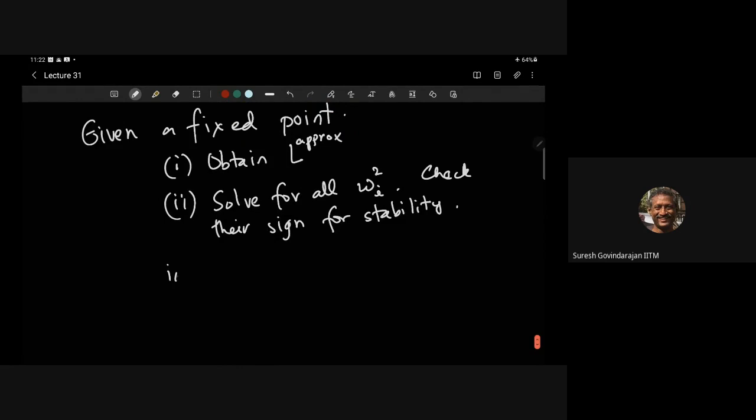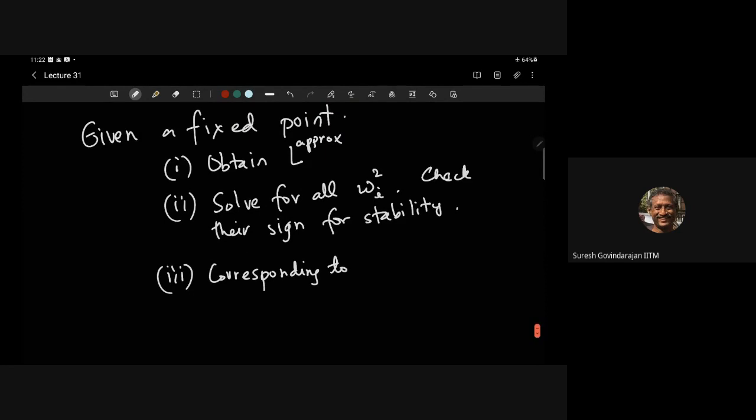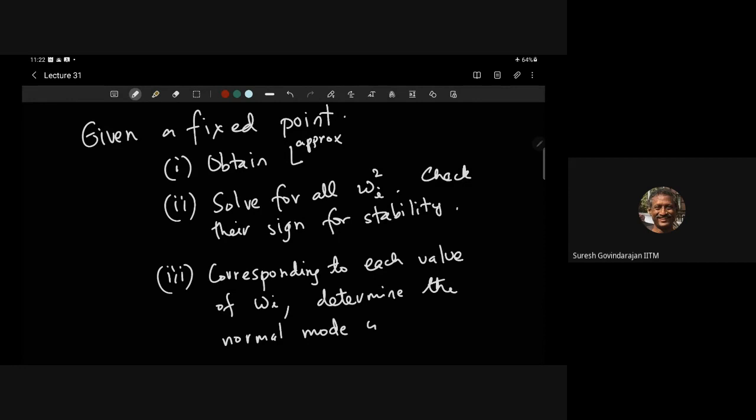And corresponding to each value of omega I, determine the normal mode corresponding to it. Is this picture clear now?